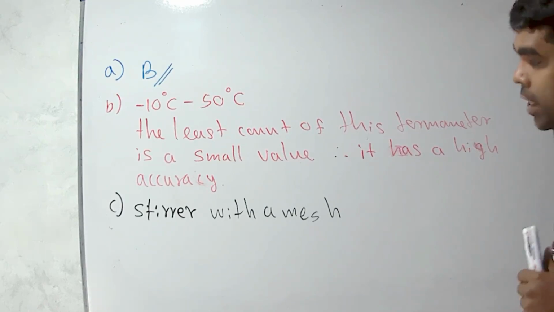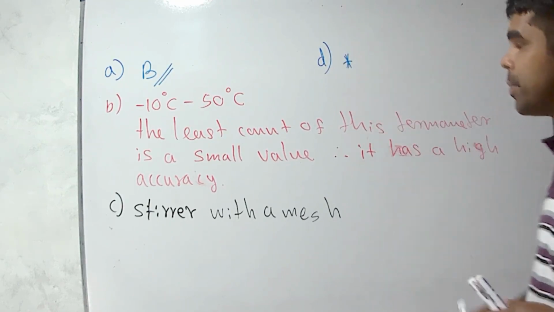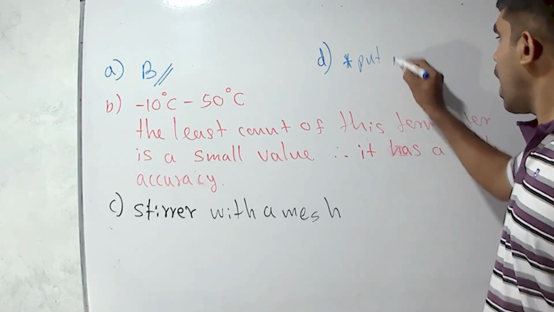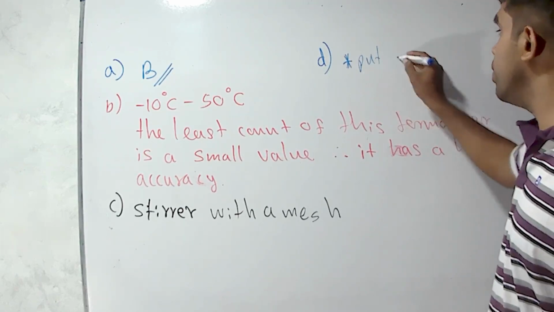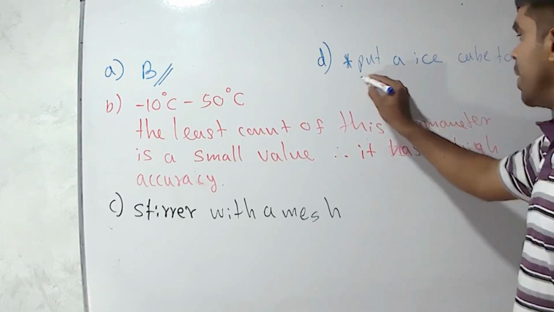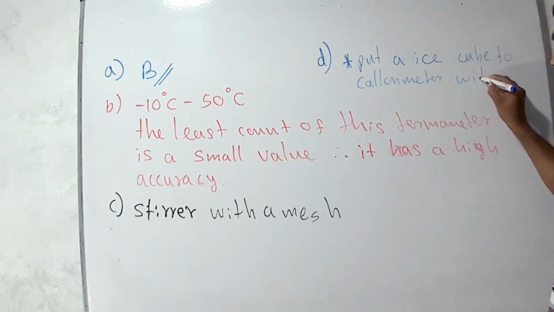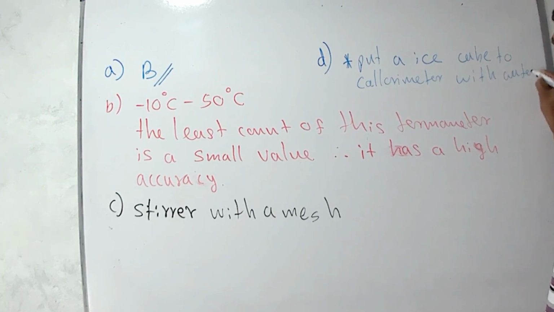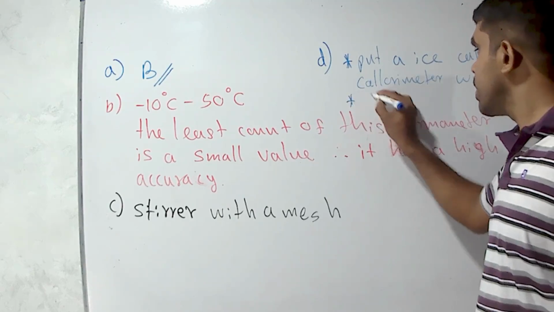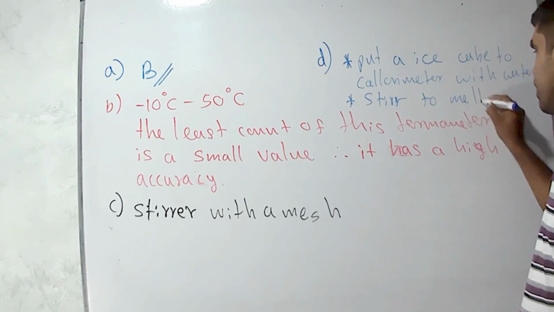Then we have to write step by step. First one is put an ice cube to calorimeter with water. Then stir to melt ice.